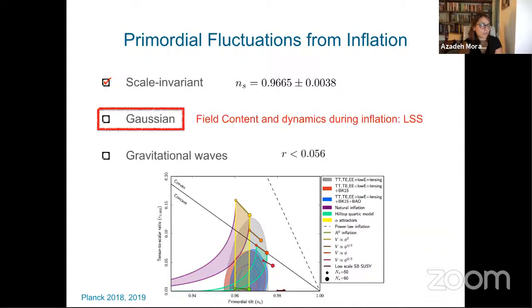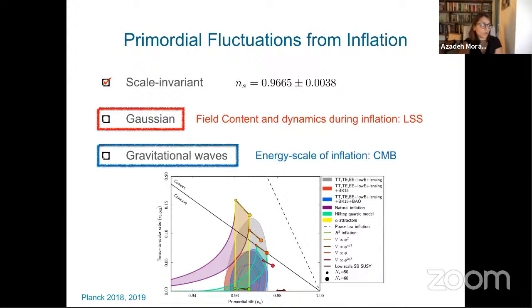We know that the fluctuations are nearly Gaussian distributed, and deviations from Gaussianity would tell us about field content and dynamics during inflation. We hope that the next generation of large-scale structure surveys will tell us more about the level of non-Gaussianity. Furthermore, detection of gravitational waves will tell us about the energy scale of inflation, and in this case, the next generation of CMB experiments are expected to do the best.